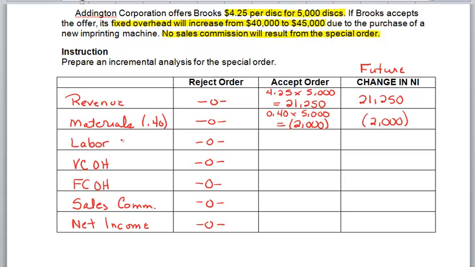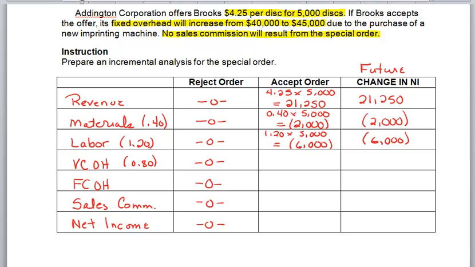For labor, we know labor is $1.20 per disc. So $1.20 times 5,000. I would have new cost of $6,000 for labor. So make it negative as well, and that would decrease net income in the future. For the variable cost of overhead, we know it's 80 cents.